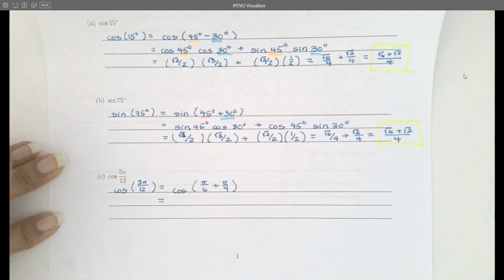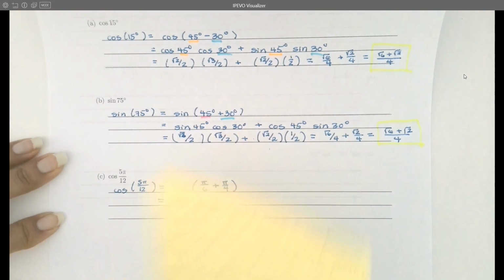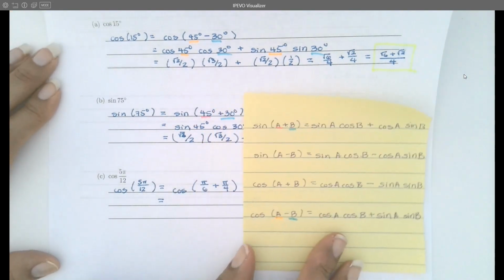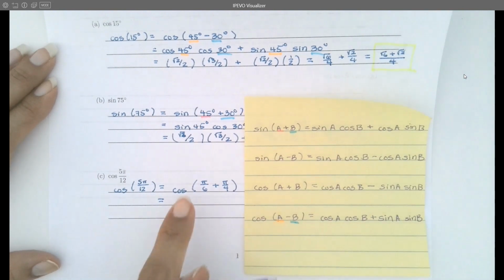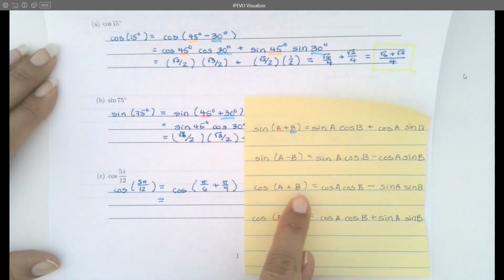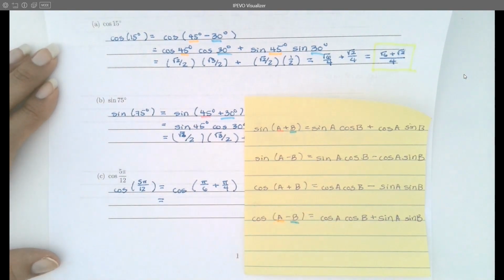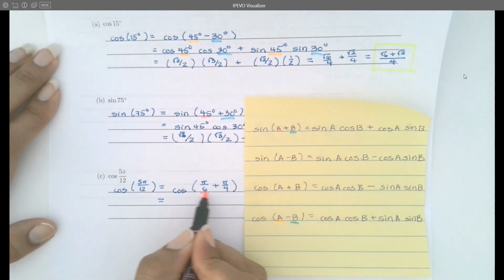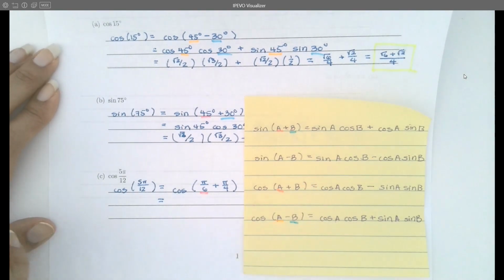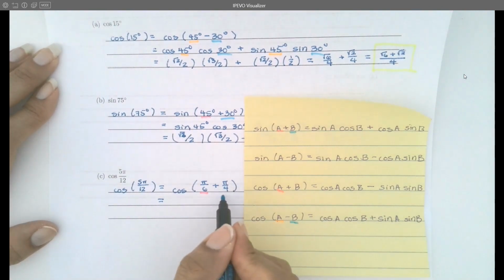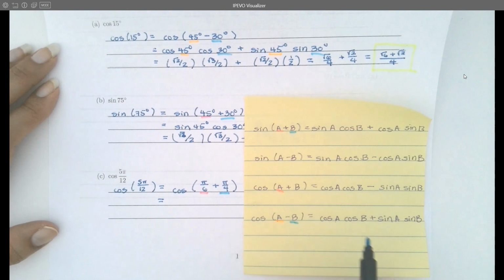And now we'll go back to our formulas and identities. The formula that best fits the form we have here is this cosine of a plus b, where a is the pi over 6 and b is the pi over 4. Okay.